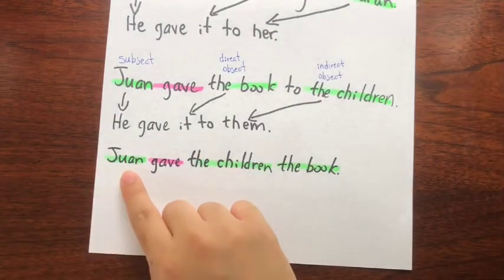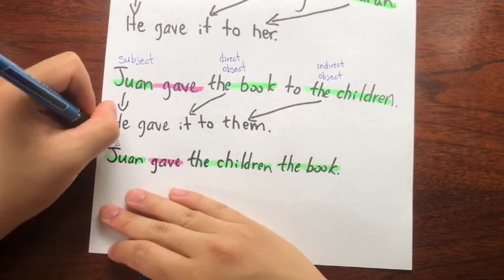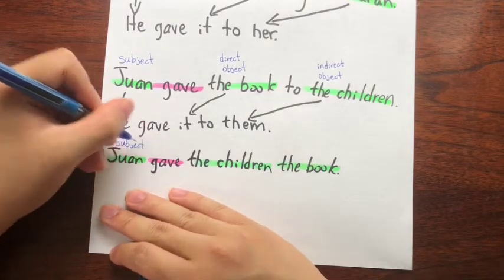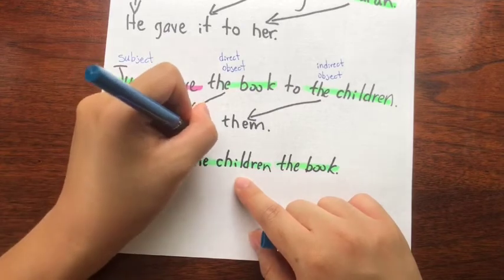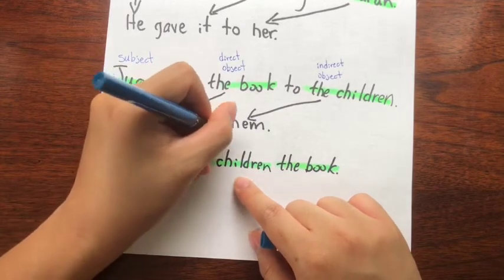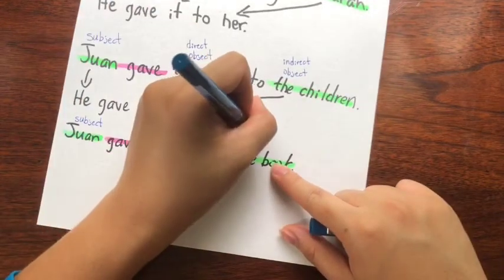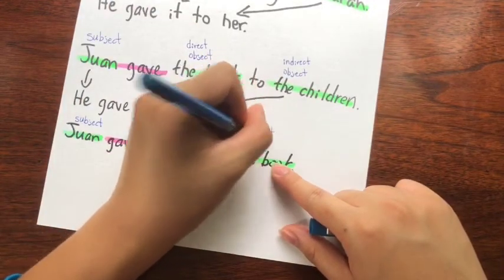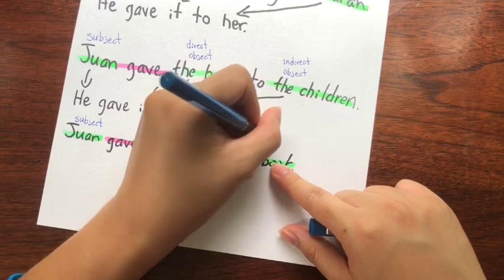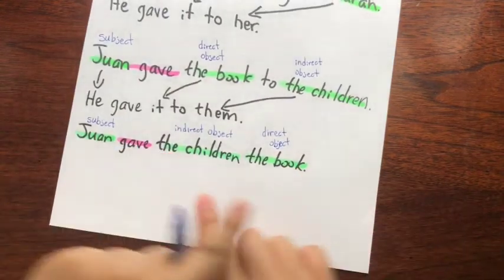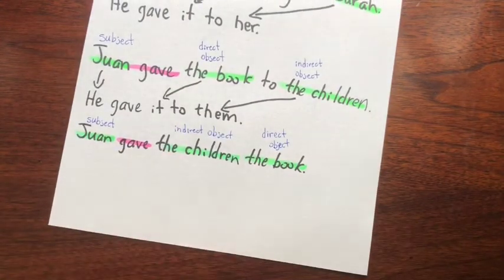Juan is still the subject. The children is still the indirect object. And the book is the direct object. So nothing changed, but I just switched the words the children and the book.